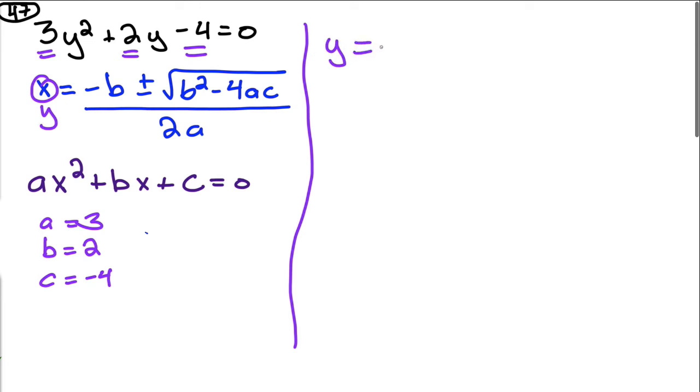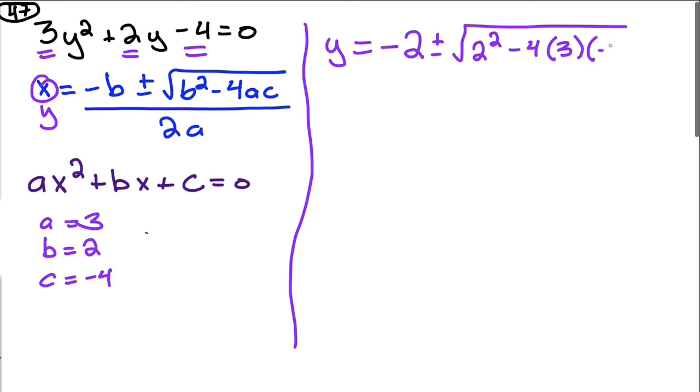So y is equal to minus b, and since b is 2, it's minus 2 plus or minus the square root of b squared, so that's 2 squared, minus 4 times a, which is 3, times c, which is negative 4, all over 2 times a, which is 3.